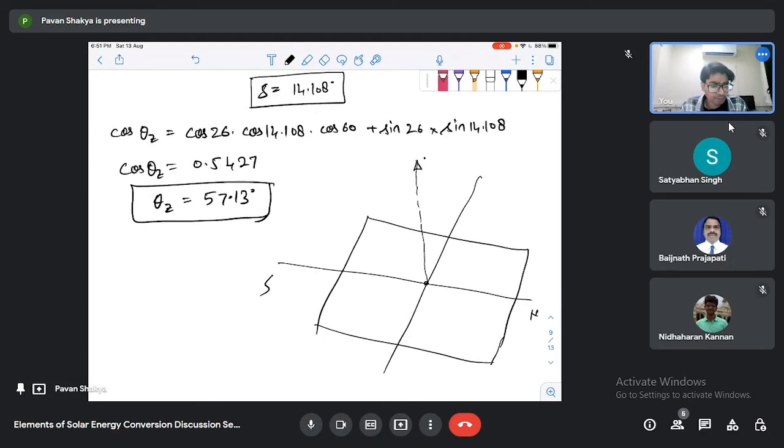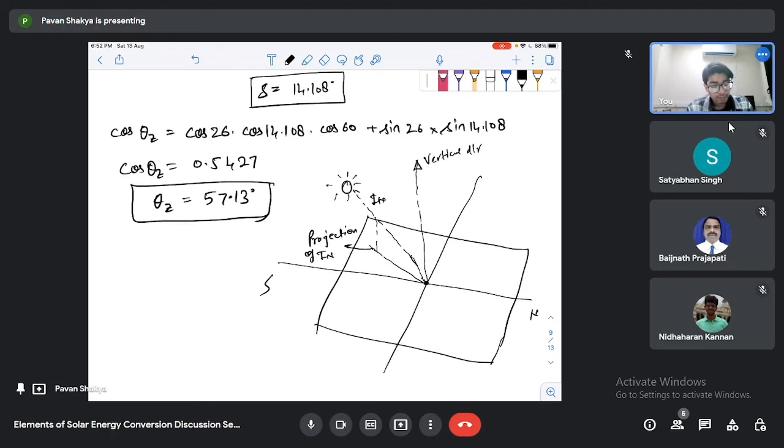The sun is at a particular position, like that, and the sun ray is coming to this horizontal plane. If we draw its projection on this horizontal plane, then we find that this is the projection.